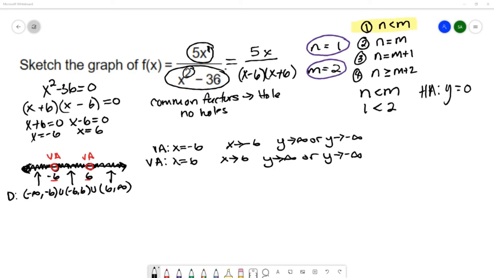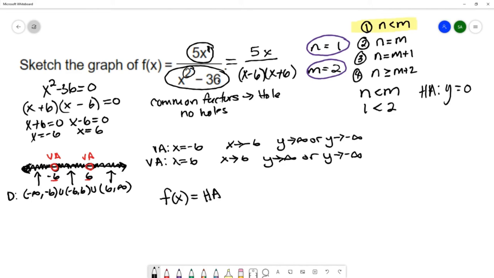The next thing that we're interested in is determining if the graph of our function crosses the horizontal asymptote. So to have our graph cross the asymptote, we're going to create this equation where we set the function equal to the horizontal asymptote.